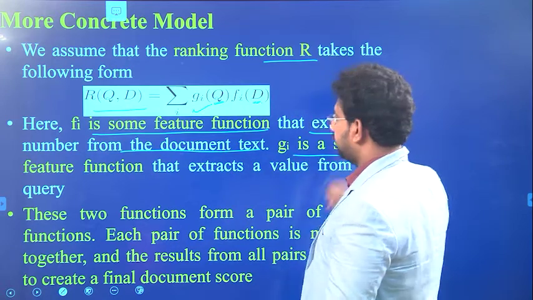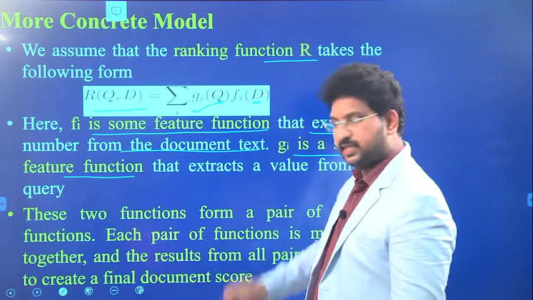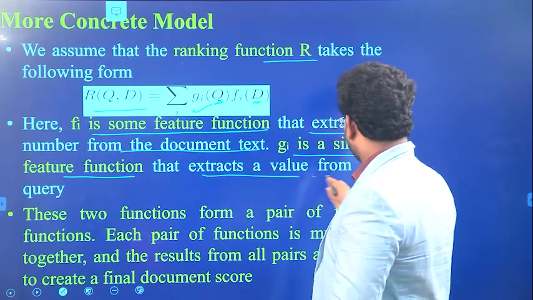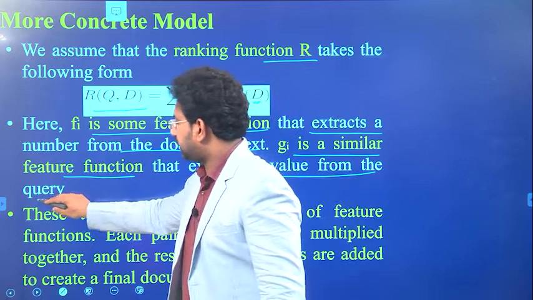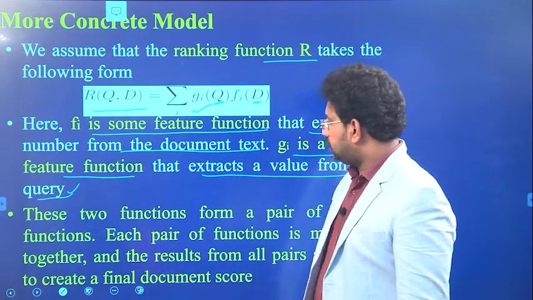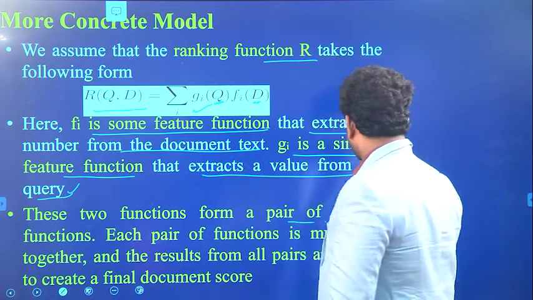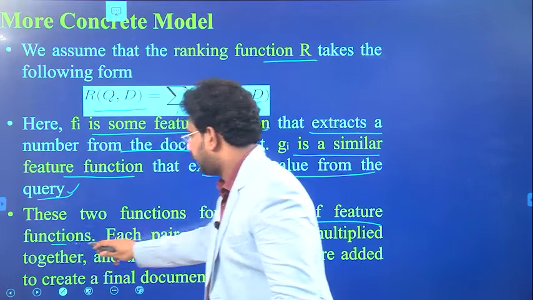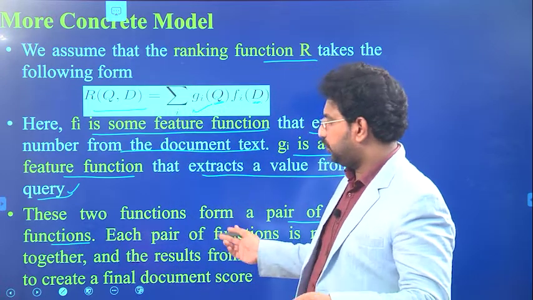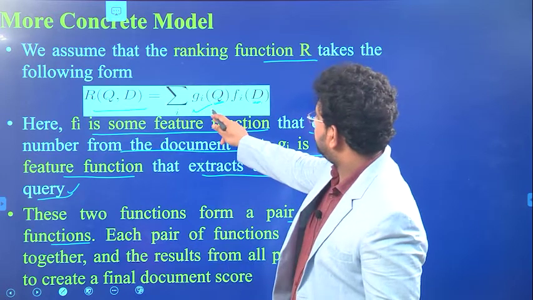Gi is a similar feature function that extracts a value from the query. These two functions form a pair of feature functions, as follows.